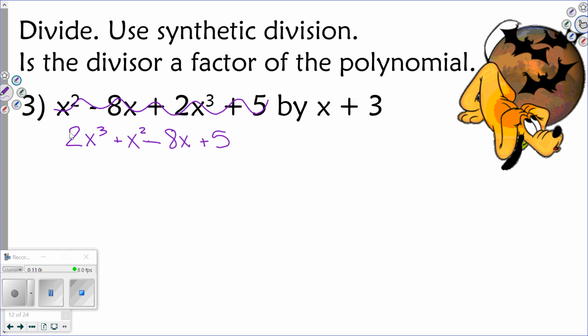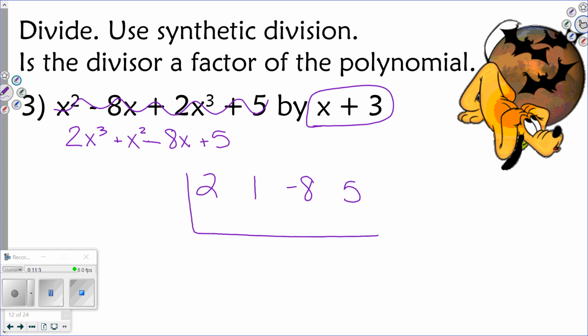Okay, I need them to be in the right order. If it's not in standard form, it's going to be wrong. All right, so are you missing anything? No, I'm on x cubed, x squared, x to the first number. So they stair step down beautifully. So let's go ahead and set it up. So I have 2, 1, -8, and 5.